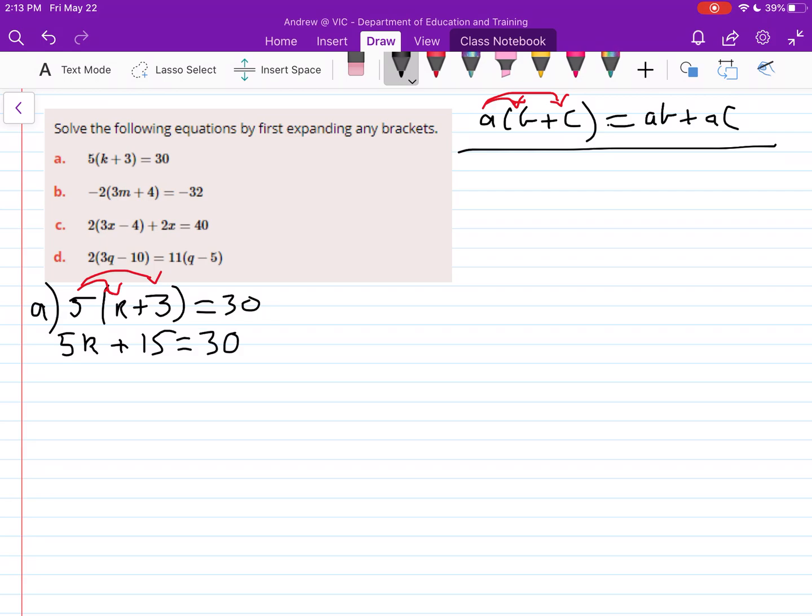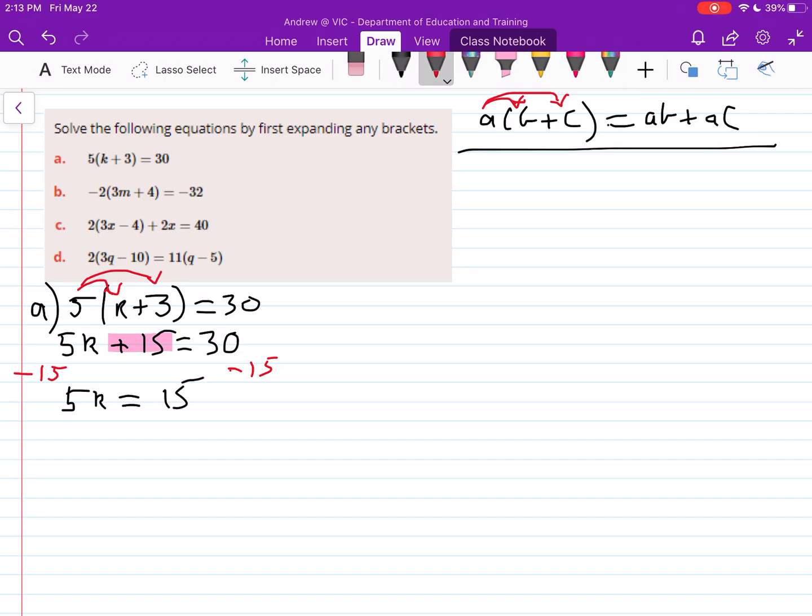Alright, so this is by expanding brackets. Yet again, you don't have to expand brackets to solve these. Now we just need to isolate our k value, so we need a minus 15. So 5k is equal to 15.